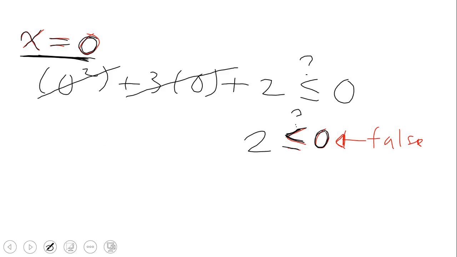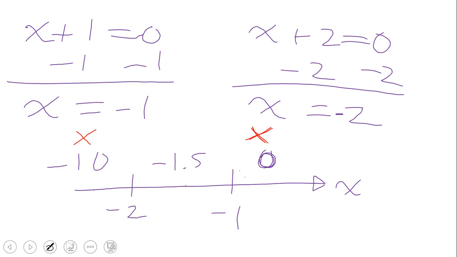So basically, we know that this part is going to check out. Since it's less than or equal to 0, this is where it's equal to 0, and this is where it's less than 0. So this is your solution set here.